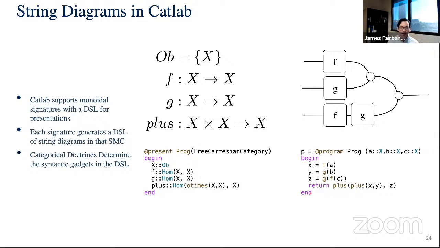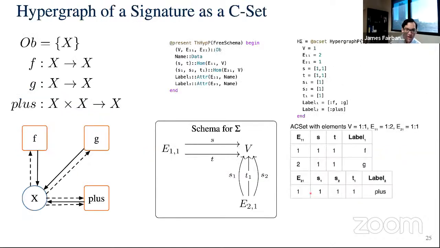So the point here is that I have my mathematical notion of a monoidal signature. I can translate this directly into Catlab, and then I get a domain-specific language for writing string diagrams in code, which is very useful. So here's how Pavel would do this instead, based on his talk a couple weeks ago, which I was not familiar with until that talk.